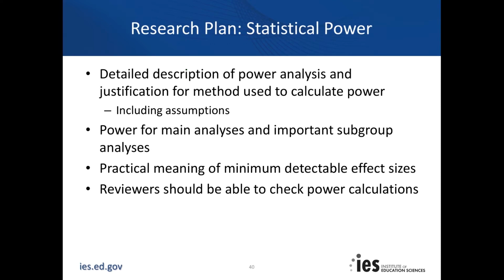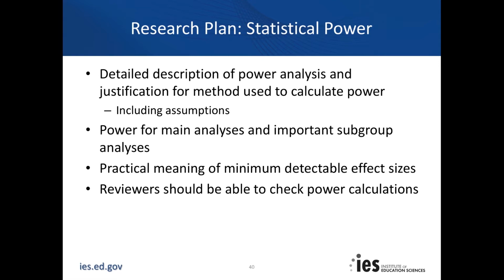You'll want to describe the statistical power and the methods you use to calculate it, including all the assumptions. Adequate power will avoid the issue that if you do not find a statistically significant result, it is not because your sample size was too small.